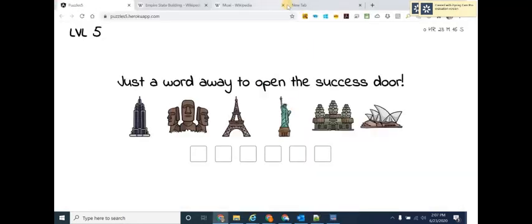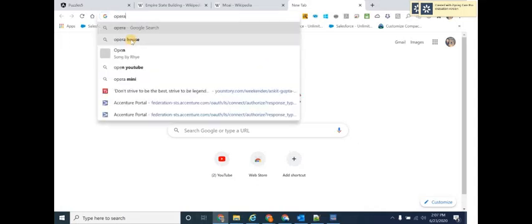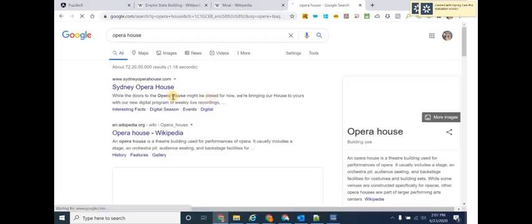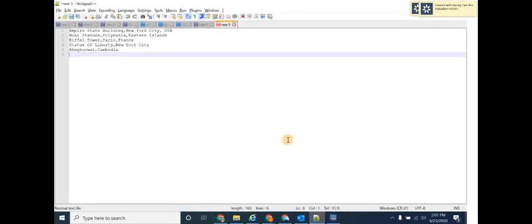So that was the Opera House in Sydney, Australia.